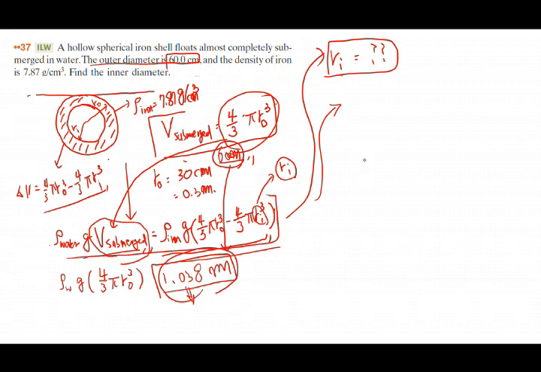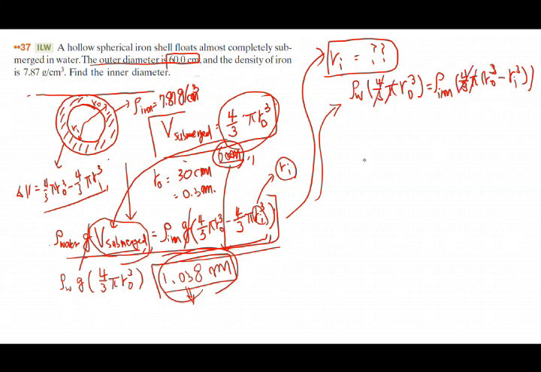We can cancel the g out of both sides of the equation. That is rho water times 4 pi R naught cube equals rho iron times 4 pi R naught, outer radius cube, minus inner radius cube, right? And now you can also take the common term out of this formula.